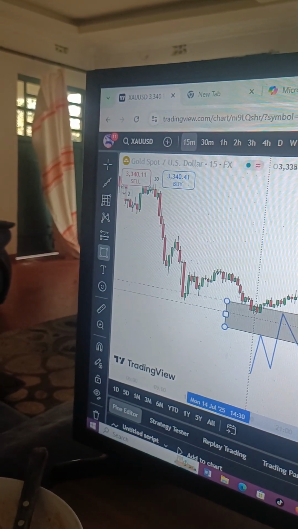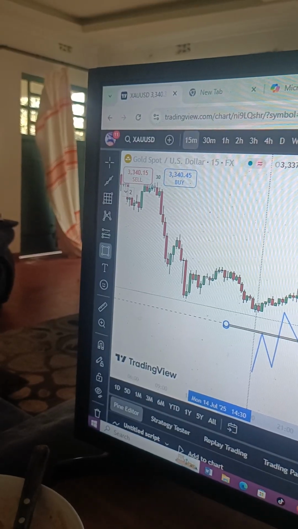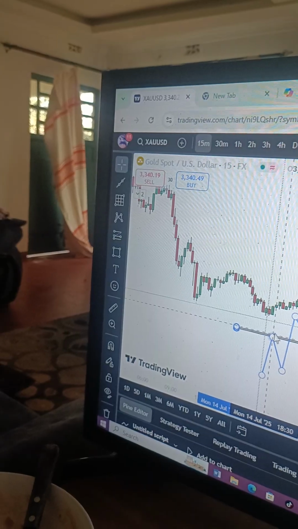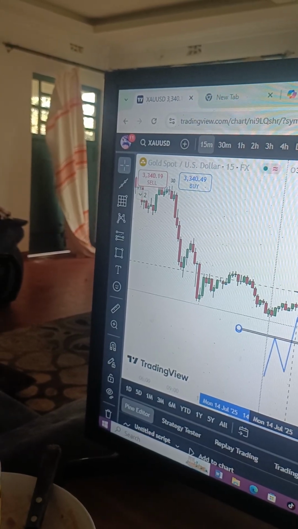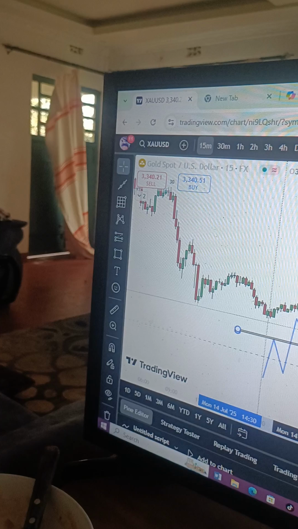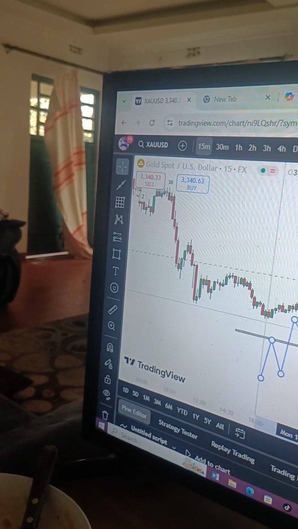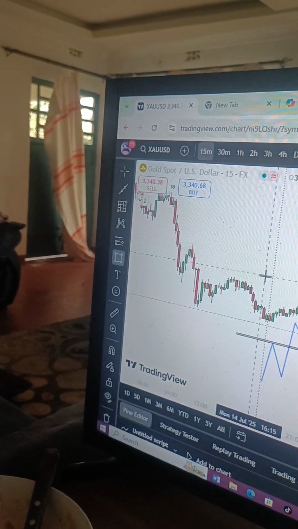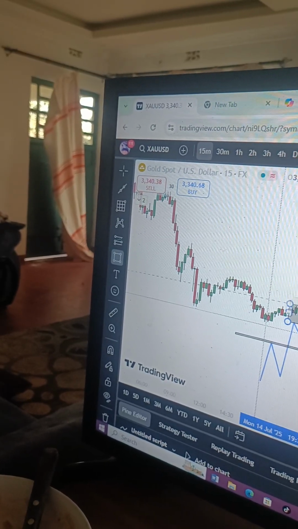You see this area, we have an area of resistance, right? We break, it becomes support. So we want the market to retest this zone and we go, right? Okay, we have this resistance, we break, right?